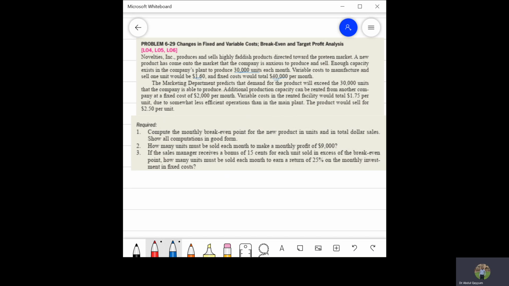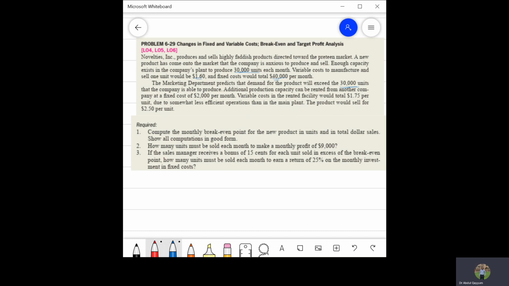The marketing department predicts that demand for the product will exceed 30,000 units that the company is able to produce. So the company's existing capacity is 30,000 units, but we expect that the demand will exceed the 30,000 units.